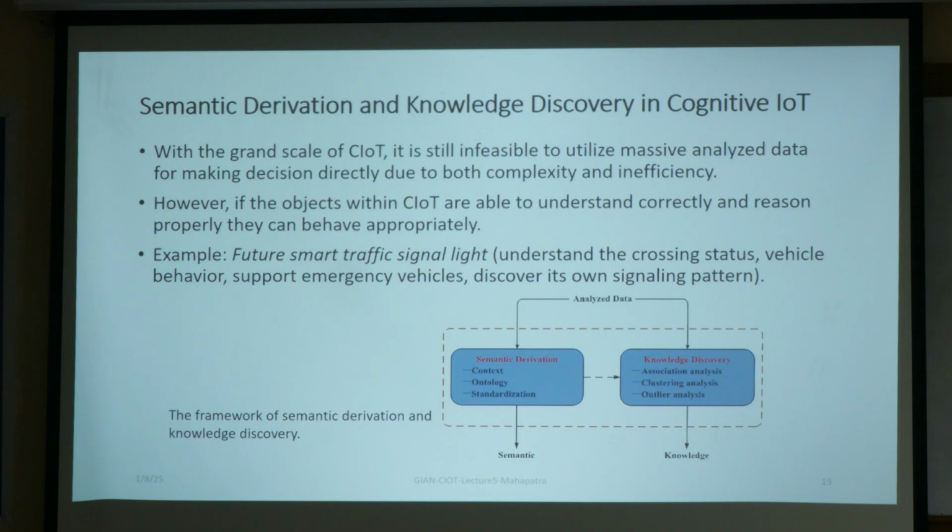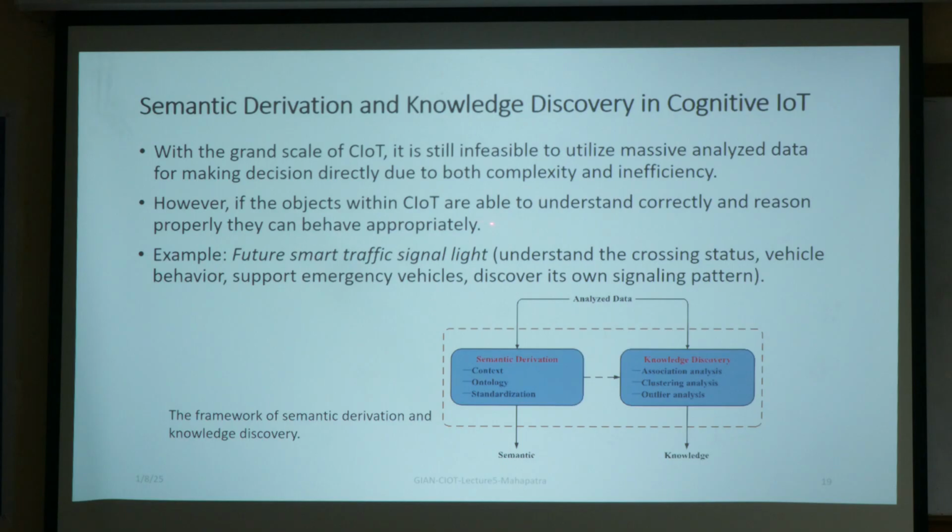If you try to do that, first of all it's complex, and then you will get inefficient results. If the objects within CIoT are able to understand correctly and reason properly, they can behave appropriately, which means we have to be careful how we handle this data.